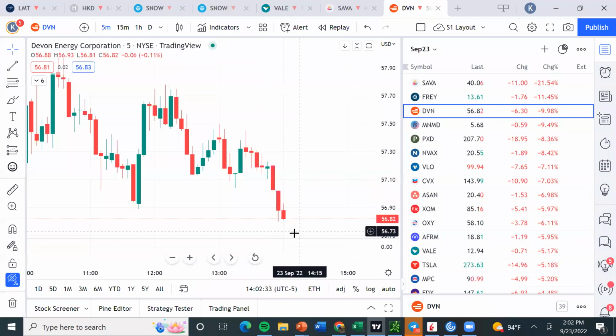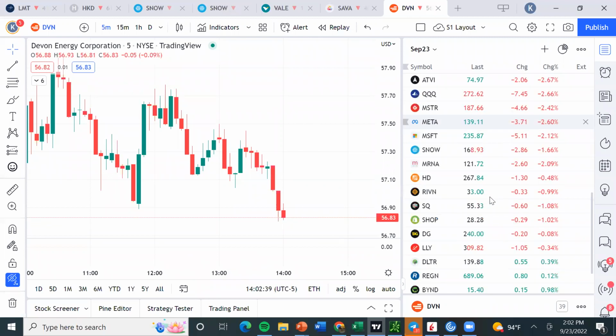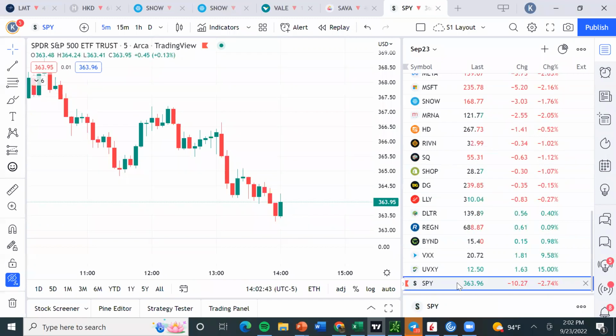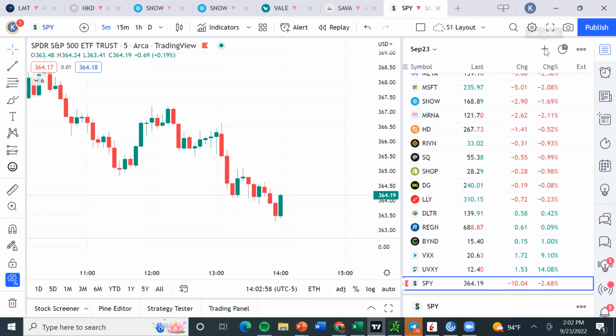DVN is still going down. SPY is moving up. QQQ.